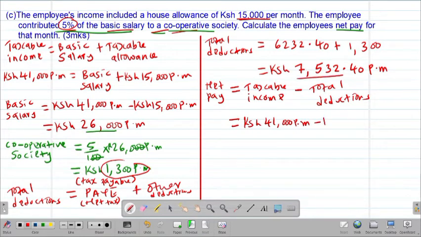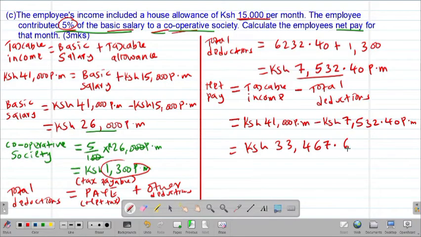We are having Kenya shillings 7,532 and 40 cents per month. You find the difference between these two. Your calculator will give you 33,467 shillings and 60 cents. Then of course this is per month. Therefore, this was the employee's net pay. Of course, it is monthly. So this is net monthly pay because it is in shillings per month.